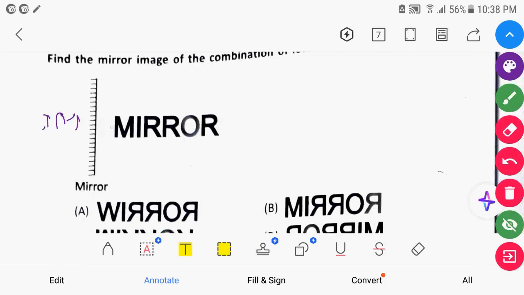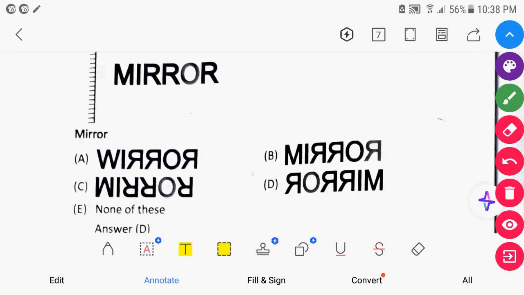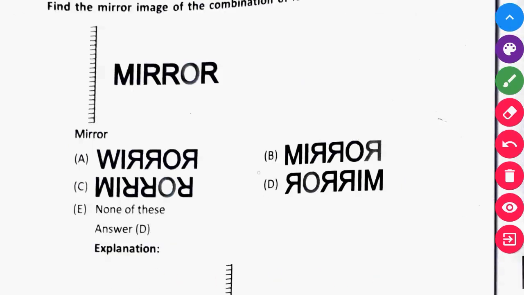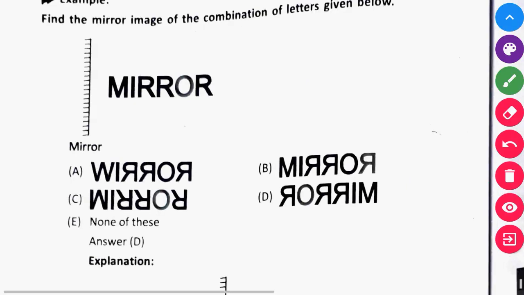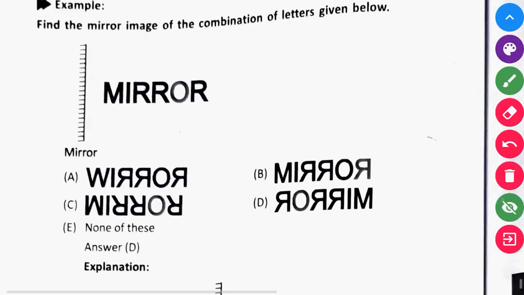I will be there, but this R's standing line is here and R will look like this. So where is such an answer? You can find and check. This is your answer. Okay.